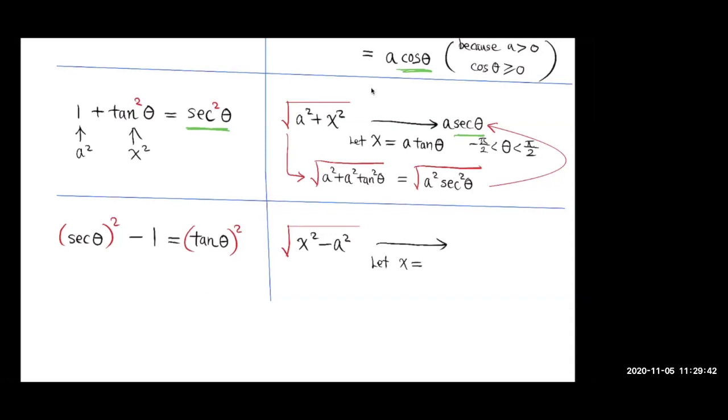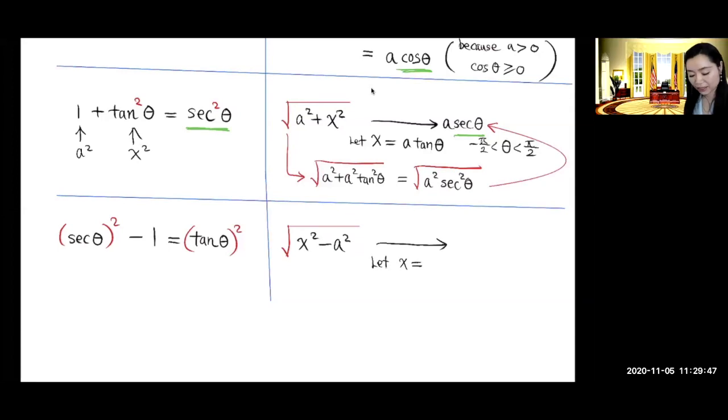A secant theta. Yes, got it, okay. So we let x be a secant theta. You see this corresponding to this x squared, this corresponding to the a squared, right? And where this theta is going to be between 0 and pi over 2, or pi and 3 pi over 2.